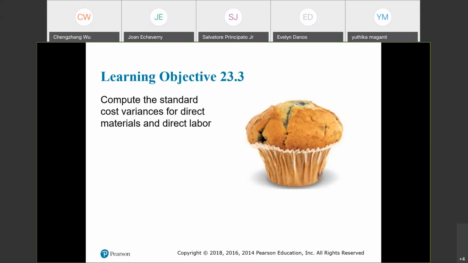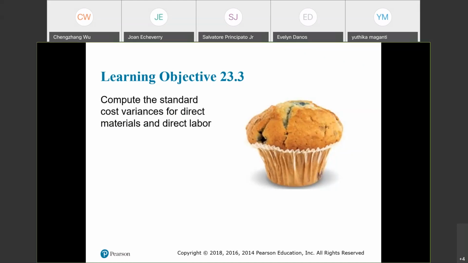Cost variance reflects the difference between the actual cost and the standard cost of the raw material or labor.